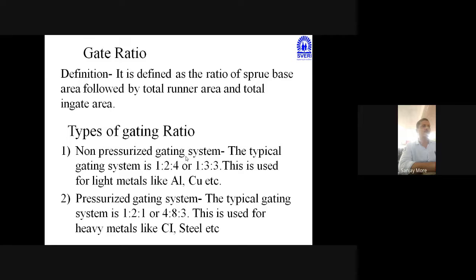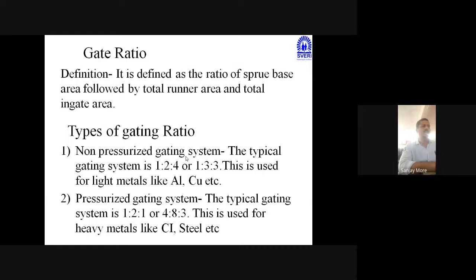This is generally used to manufacture light metals like aluminum, copper, etc.